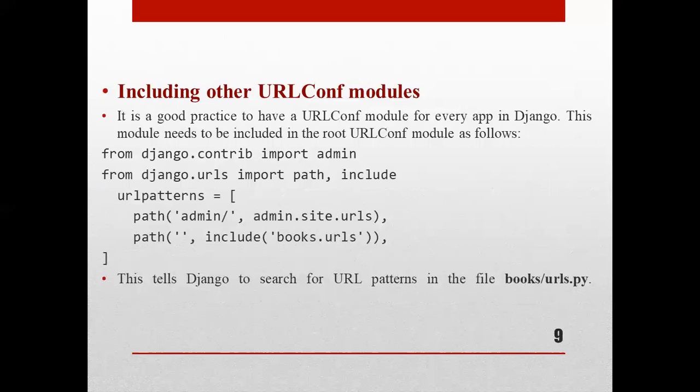Now, including other URL configuration modules. How to include them? It is a good practice to have a URL configuration module for every app in Django. This module needs to be included in the root URL configuration module.